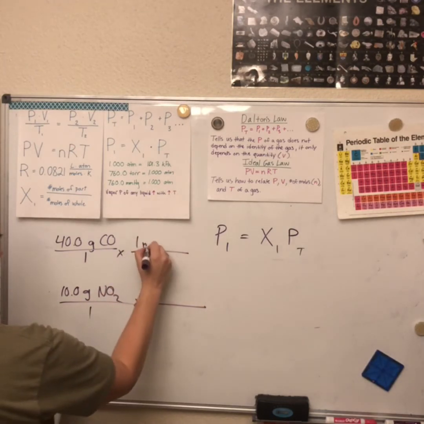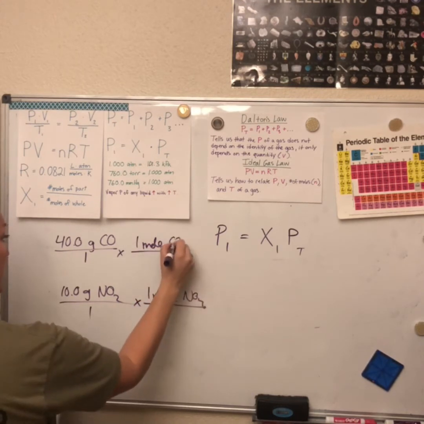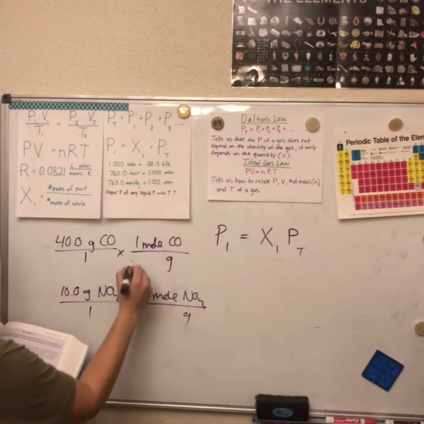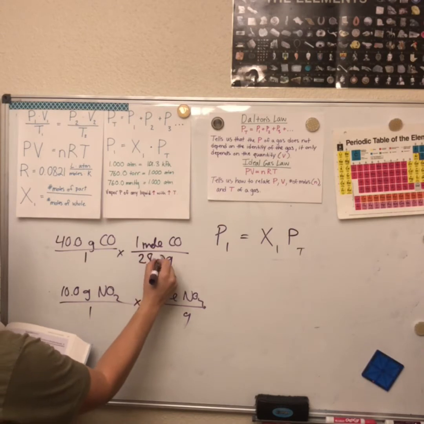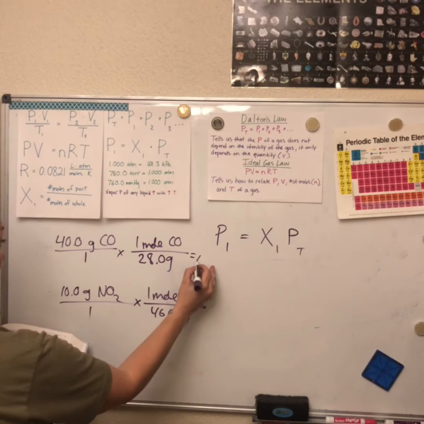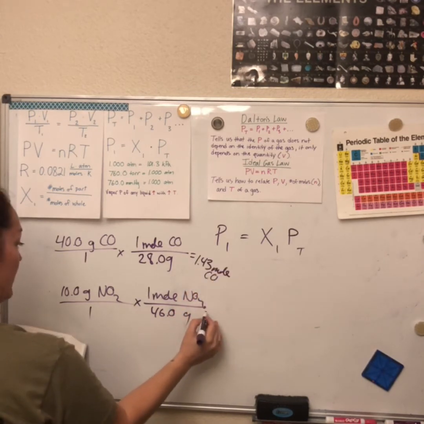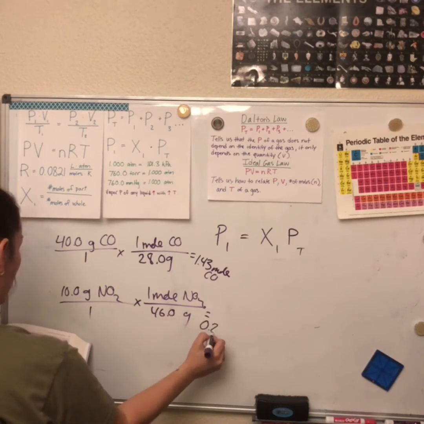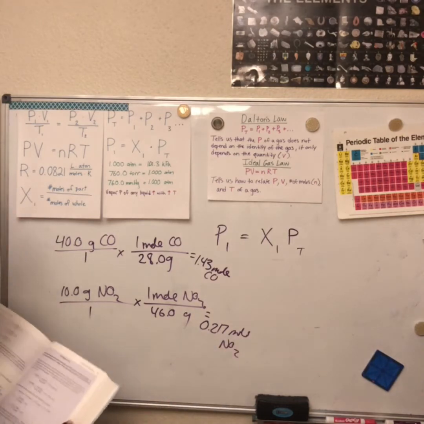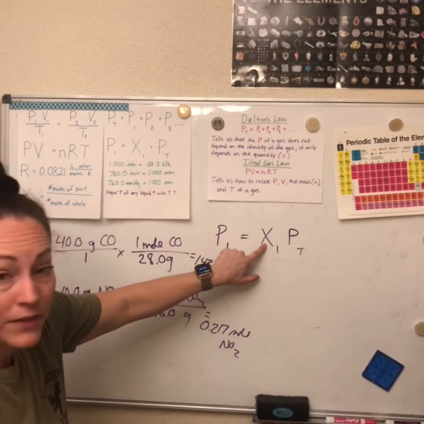So 1 mole NO2, CO. So we just need to figure out what the grams are off of our periodic table. They did it for us to save us the time right here. This is old news. So this ends up being 1.43 moles of CO, and this ends up being 0.217 moles of NO2.